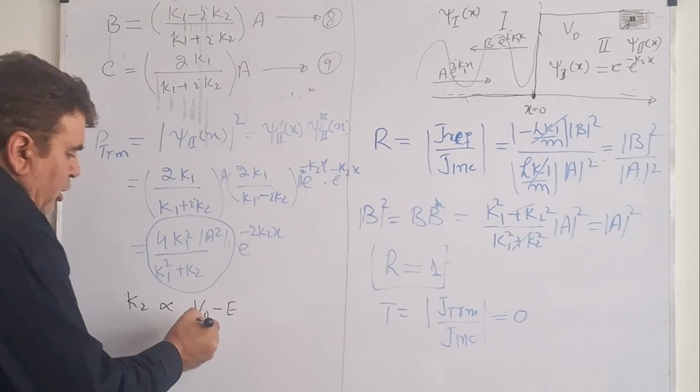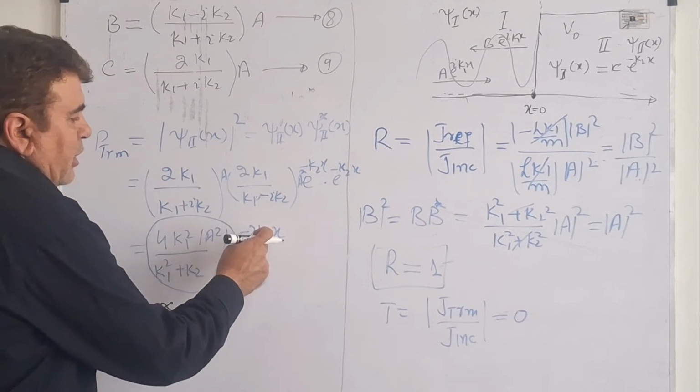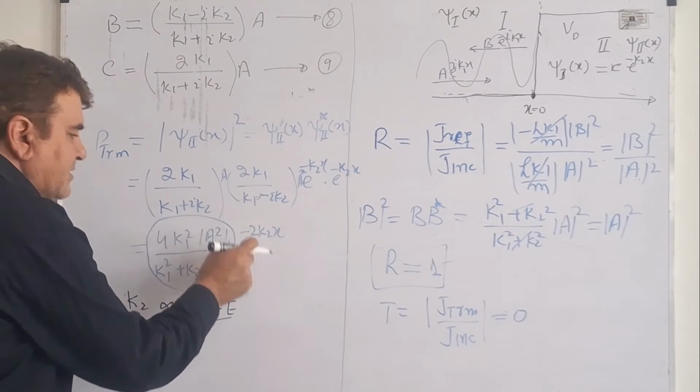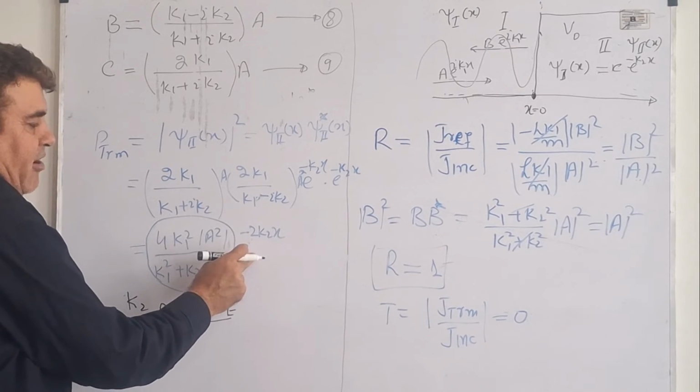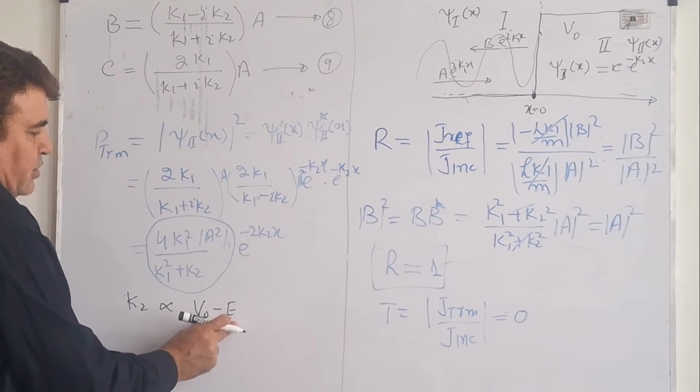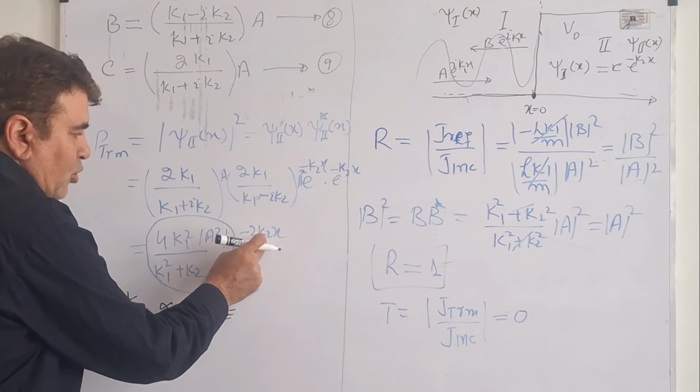So that means the larger this difference, the larger the value of k, and the larger the value of k, the faster is the decay of this function with distance. A smaller difference will make this decay slower.